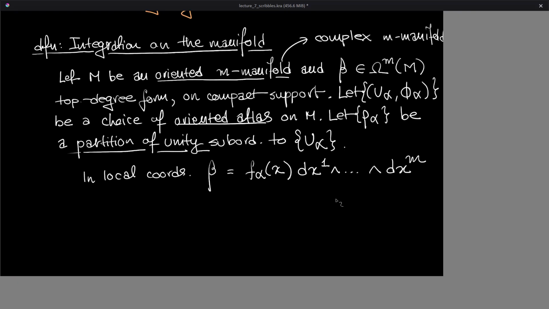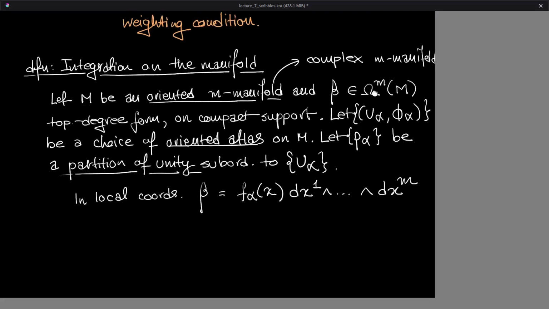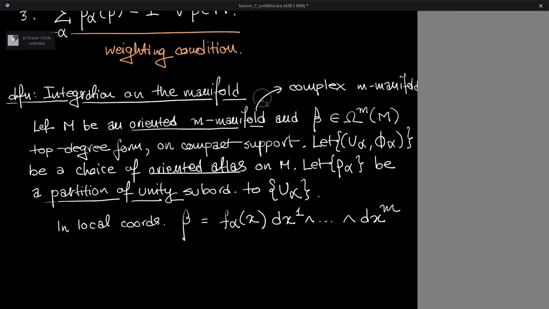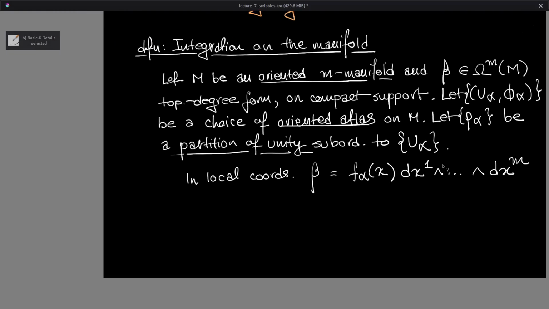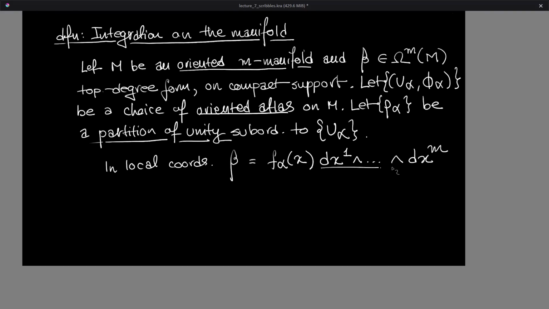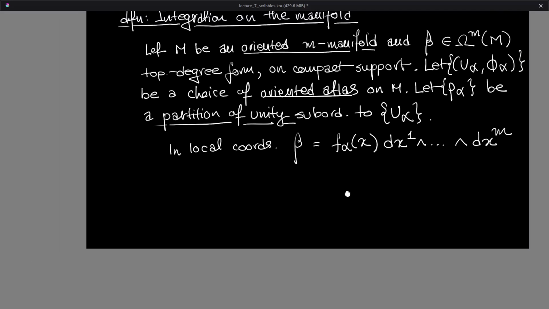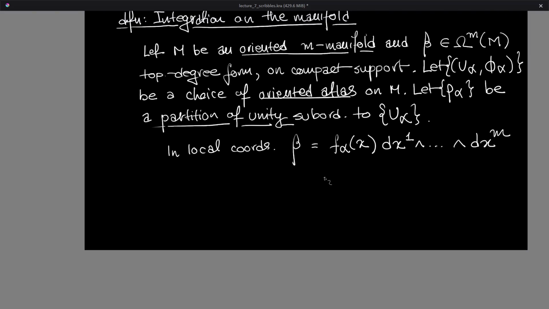So remember, this idea of integration, we said here complex M manifold, right? This doesn't have to be a complex M manifold. This is also definable on the reals. And the way we're defining it on the complex space is by thinking of the complex space as a 2M dimensional real space. So these are all real. That's why I wrote x's over here. And when you translate the z's, you translate them as z is equal to x plus iy, and that's where you get all of these coordinates from.